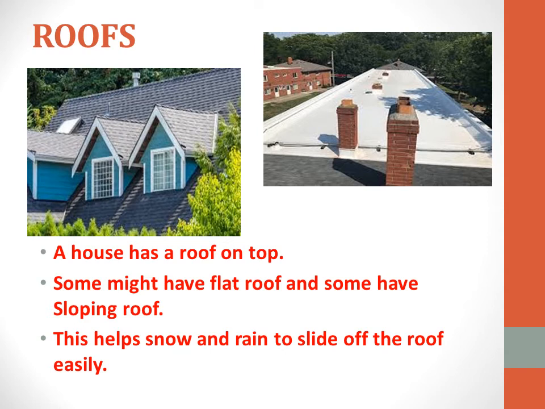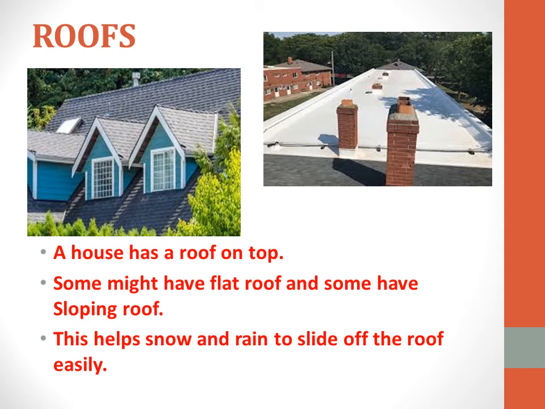If it is a flat roof, all the snow will accumulate, it cannot come down, it will all stay there. So if you have a sloping roof like a slide, the snow will slide down.